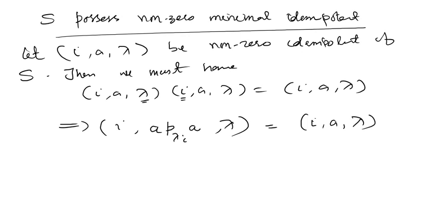Now let's equate these two tuples. So I is I, lambda, that's okay, but from this equation, let's see this. P lambda is non-zero, okay? It's a non-zero element. Why is it non-zero? Because it's equal to A, okay?